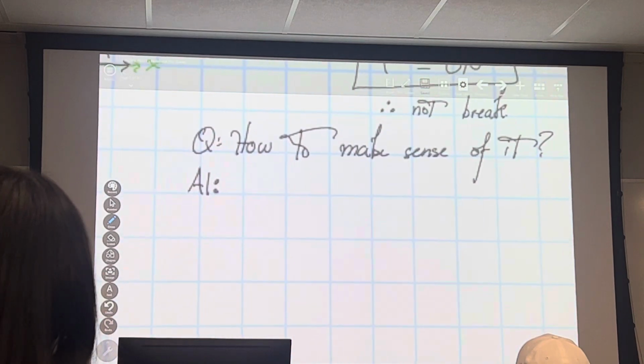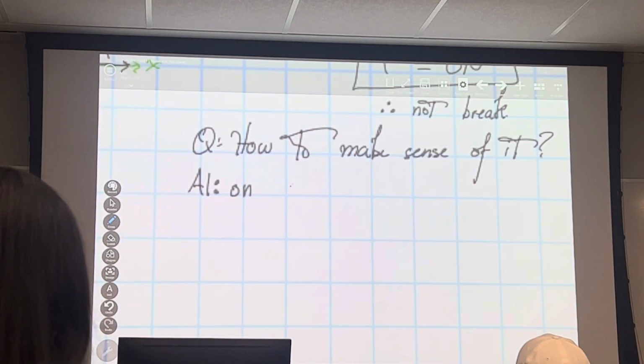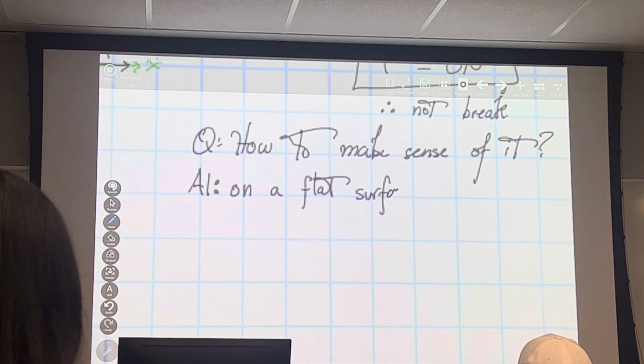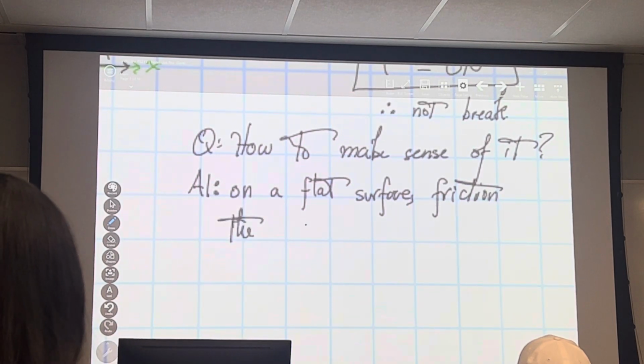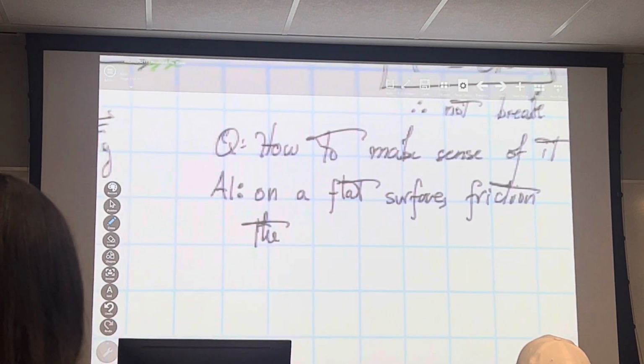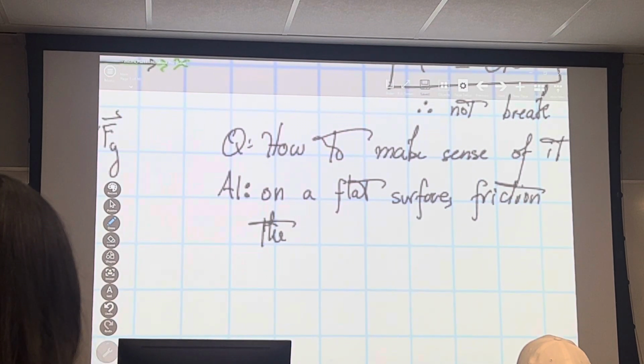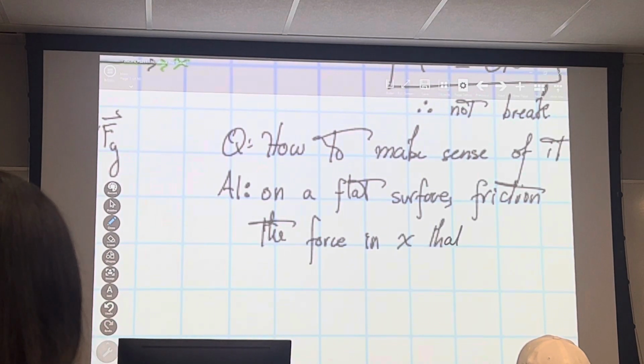The first explanation is on a flat surface, friction is the force that would have opposed in the X direction. So friction is the force in X that would have resisted.